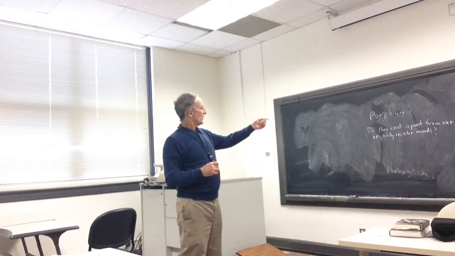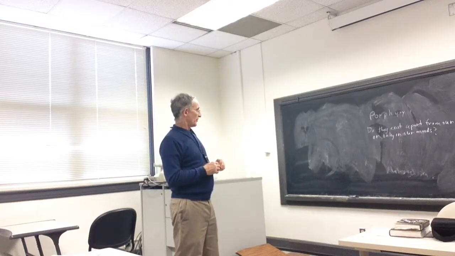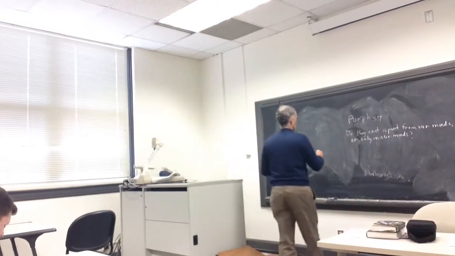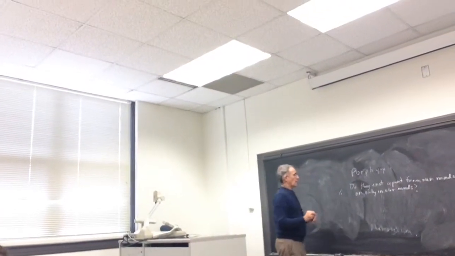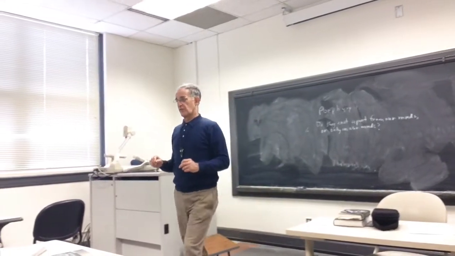So the "they" refers to the universals. Right? Do the universals exist apart from our minds or only in our minds? So that was question 1. So if you answer this affirmatively, then you're a conceptualist, and you say universals are mental constructs.